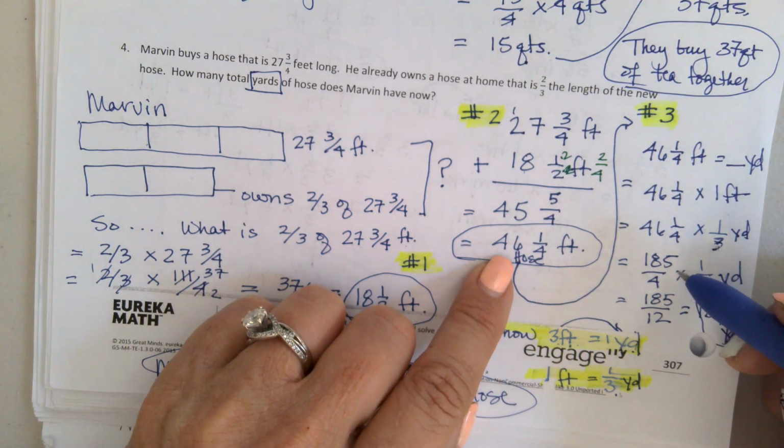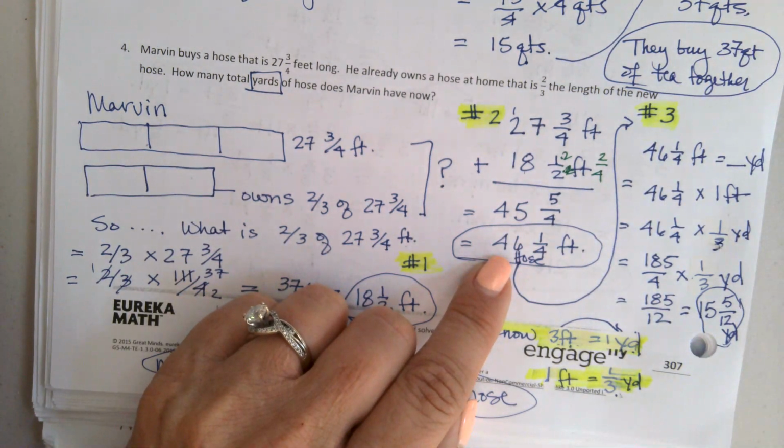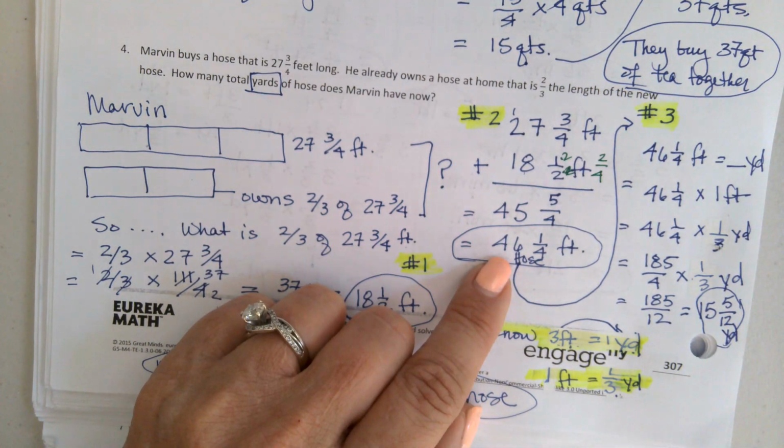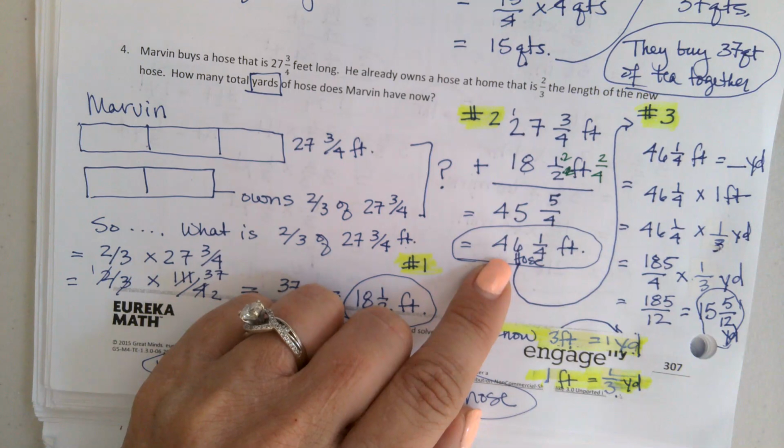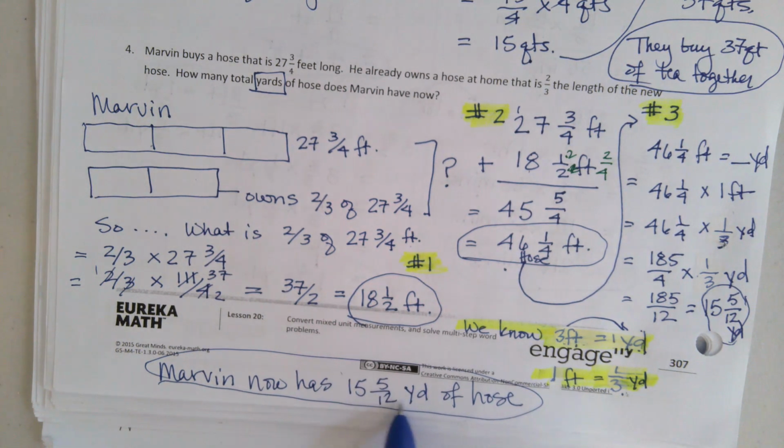It ends up with 185 over 4 times 1/3. And you're just going to end up with 185 over 12, and that simplifies down to 15 5/12 of a yard. But that's not the answer. Here's the answer. Marvin now has 15 5/12 yards of hose.